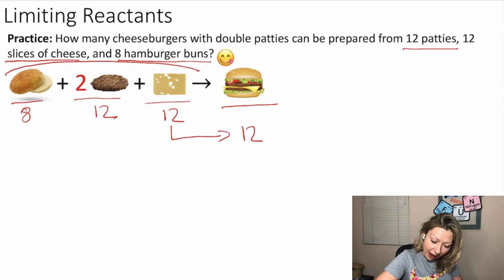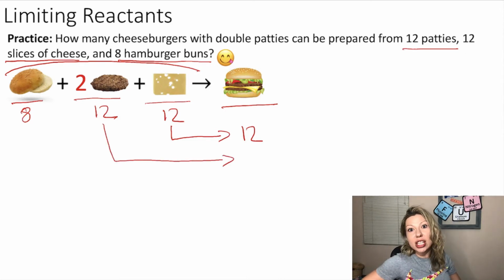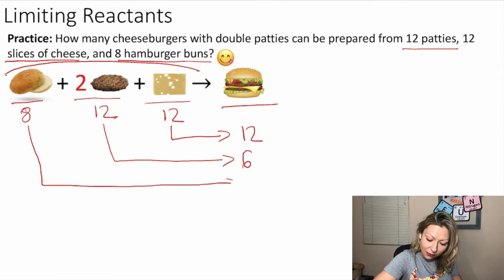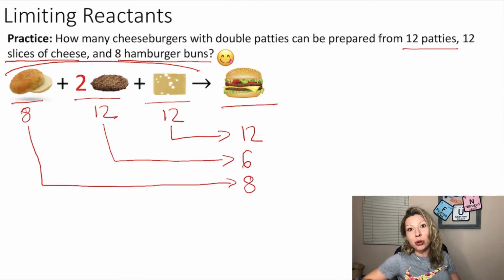Now, if I have 12 patties, since for each cheeseburger I need 2 patties, I could just make 6 hamburgers. And if I have 8 buns in my kitchen, since for each hamburger I only need one bun, I could prepare 8 hamburgers.